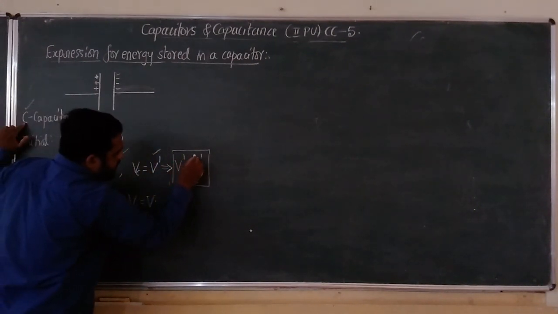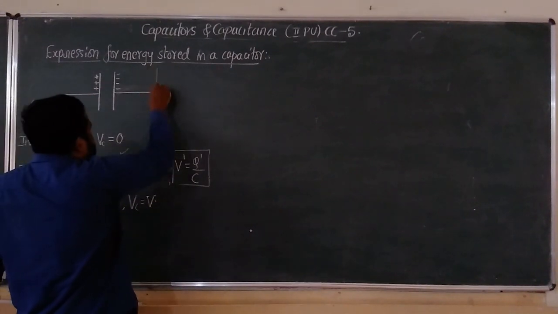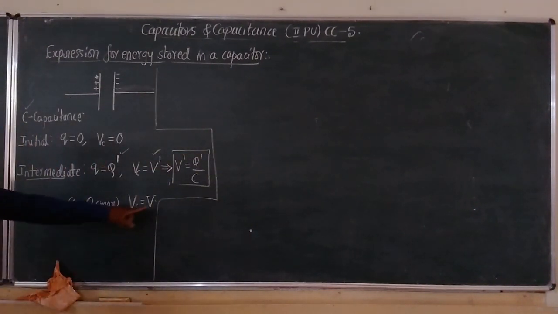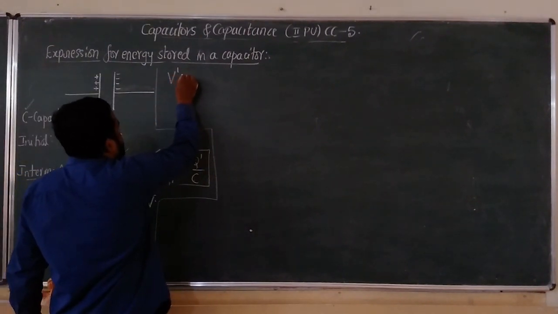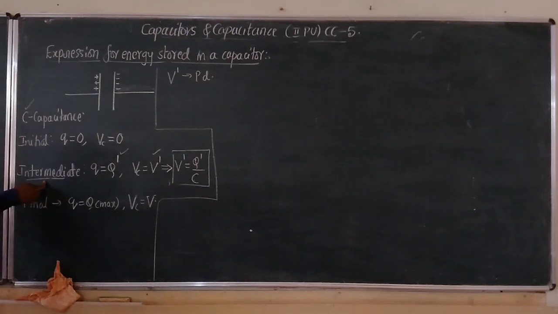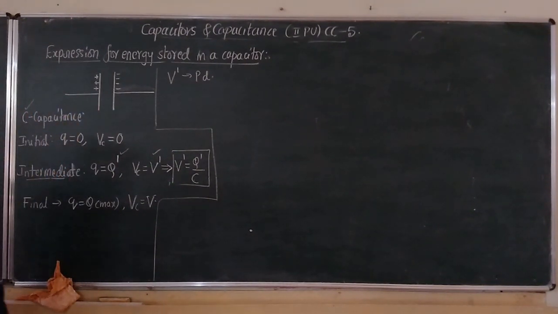Therefore, we can write V dash is equal to Q dash divided by C, that is at an intermediate stage. Okay. Now what is this V dash? This V dash is nothing but the potential difference across the capacitor at this intermediate stage.